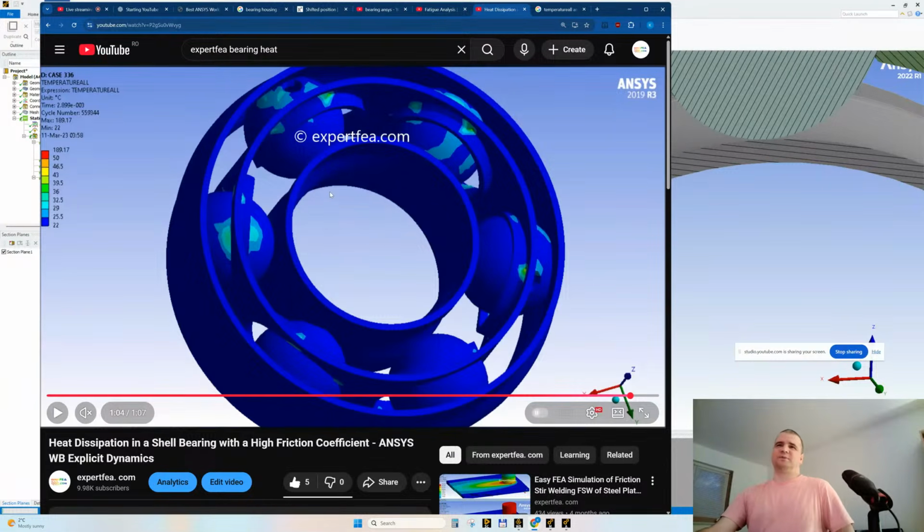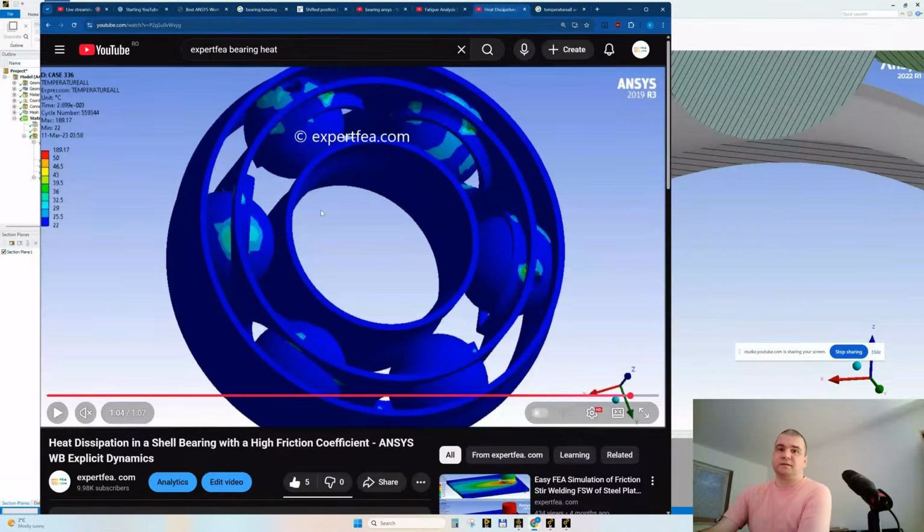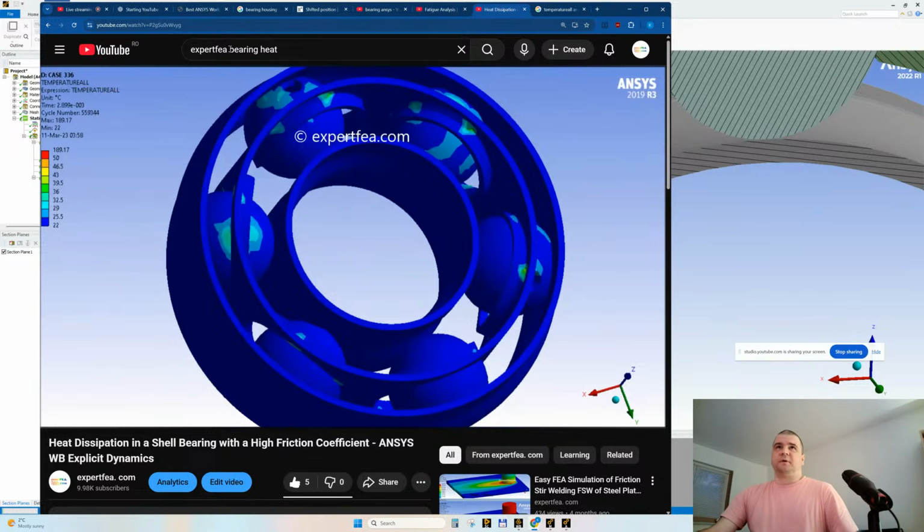And the other solution, which is the nicest one, and I think I will make it in the near future. It's not very easy. It's this one.